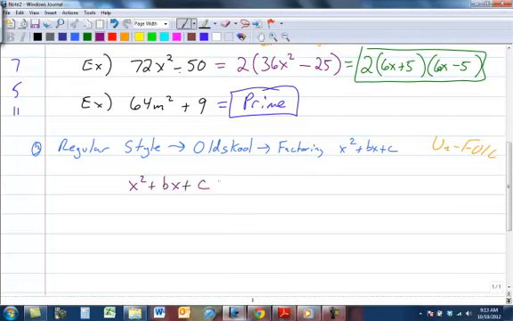The trick to this is you have to find two numbers that multiply to c but add up to b. Two numbers that multiply to c but add up to b.